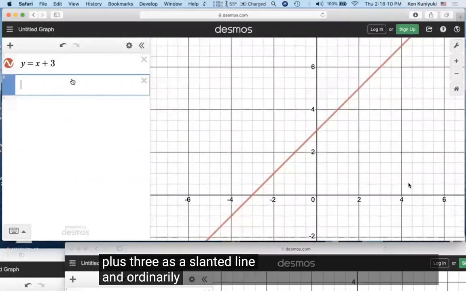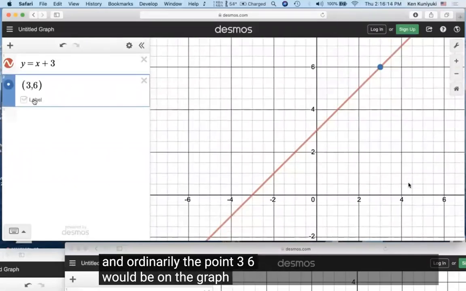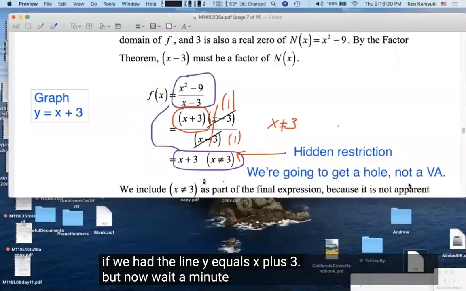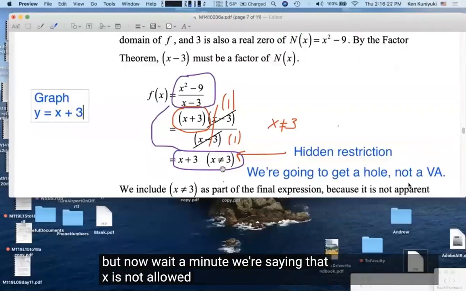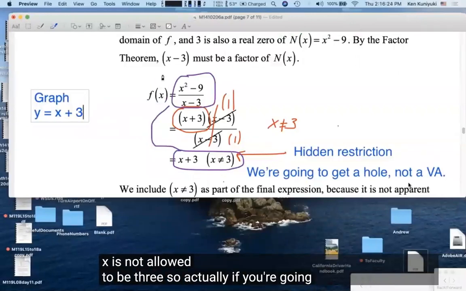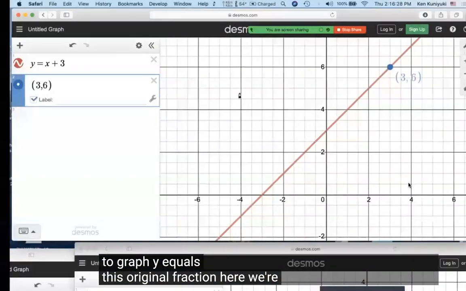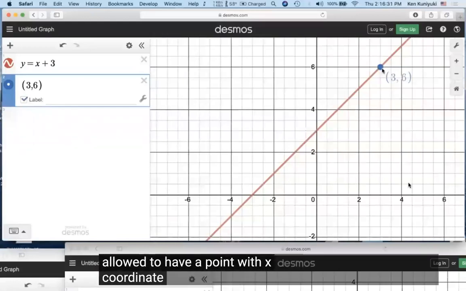And ordinarily, the point 3, 6 would be on the graph if we had the line y equals x plus 3. But now, wait a minute. We're saying that x is not allowed to be 3. So if you're going to graph y equals this original fraction here, we're not allowed to have a point with x coordinate 3.